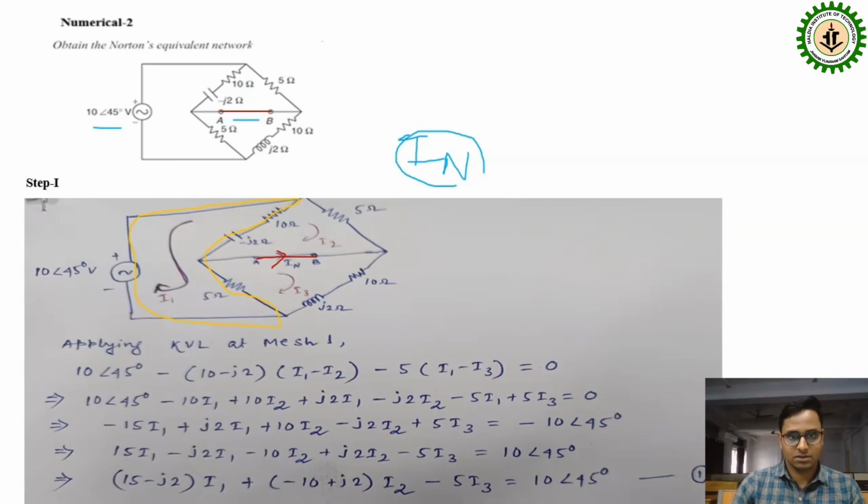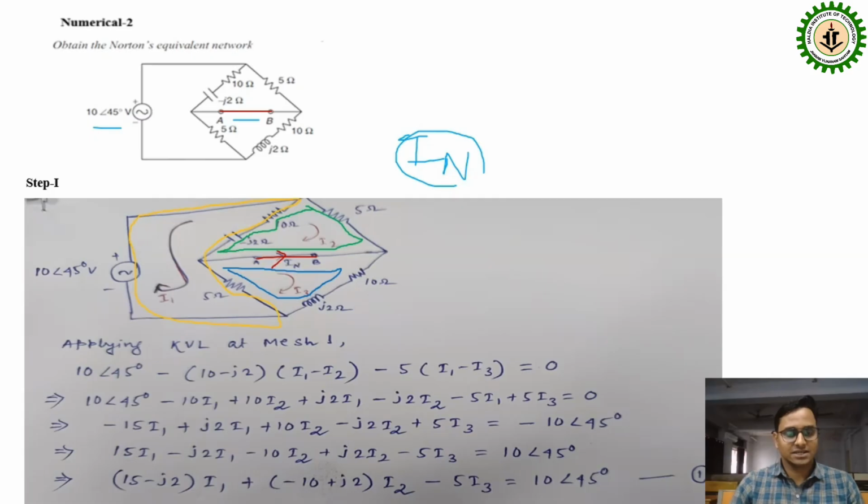Taking another one, this is another mesh, and this is another mesh. These are the three meshes. So for mesh one, I am applying KVL here.